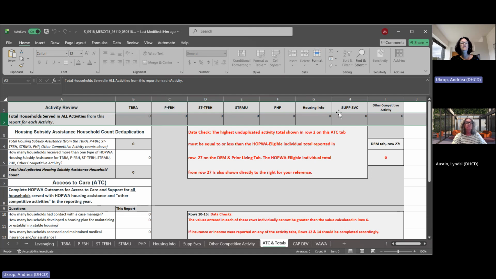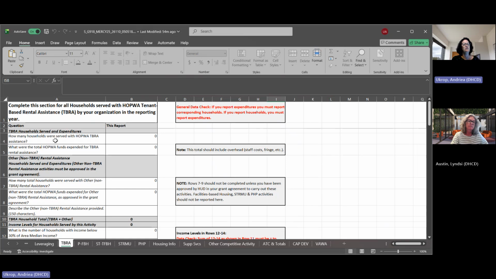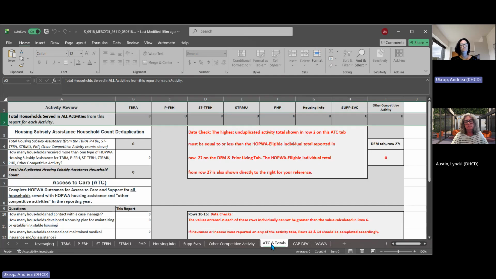If any of these numbers are incorrect, you must go back to that tab. Let's say the number here for TBRA were incorrect, then you would have to go to TBRA and find the total households served with the assistance, and that's where the correction would need to be made. It cannot be made on the ACT and totals tab. So that's across the board there.